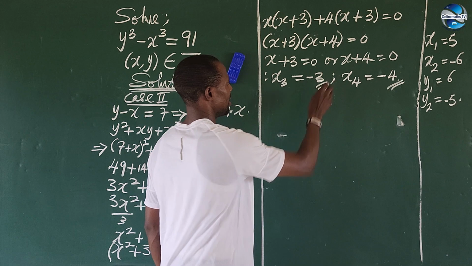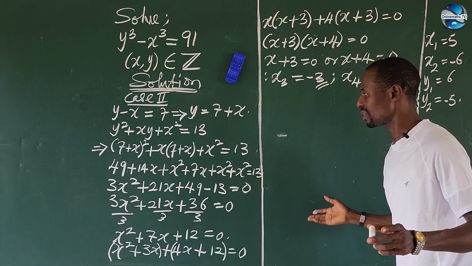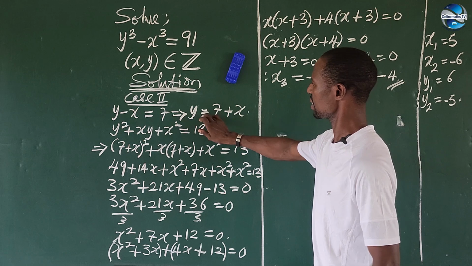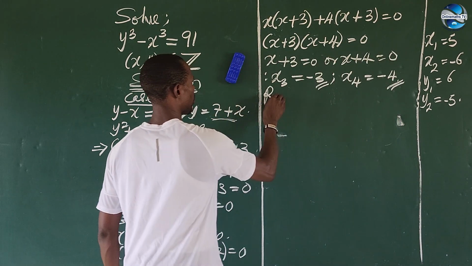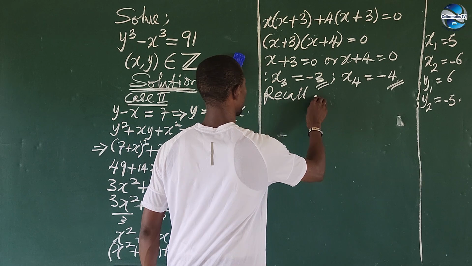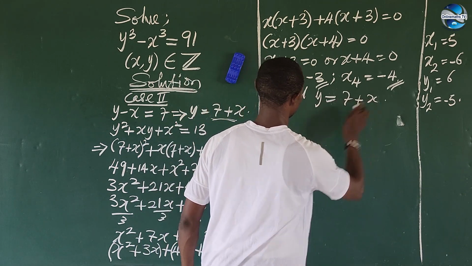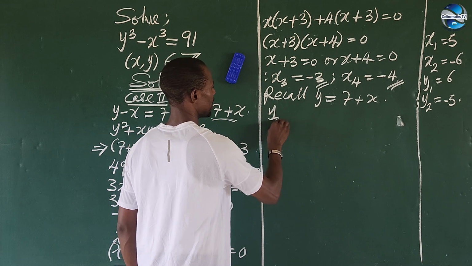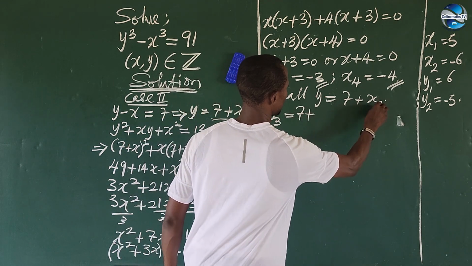So let's go ahead and look for our y3 and y4 from which of the equations? From this very equation here. Recall that y is equal to 7 plus x. So y3 will now be equal to 7 plus x3.